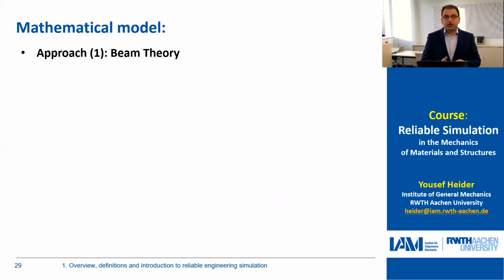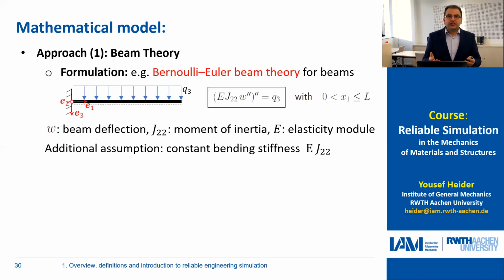If we go for the beam theory, we can take, for instance, the Bernoulli-Euler beam theory. This sketch shows you how the beam looks with its distributed load. And the deflection can be described with this one equation. It also comes from the linear momentum balance.